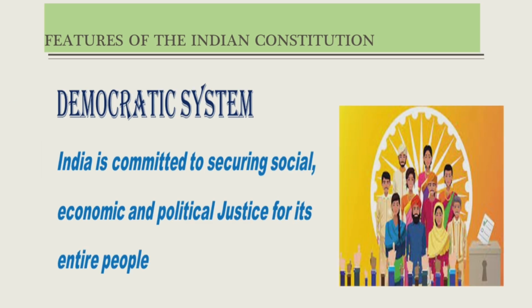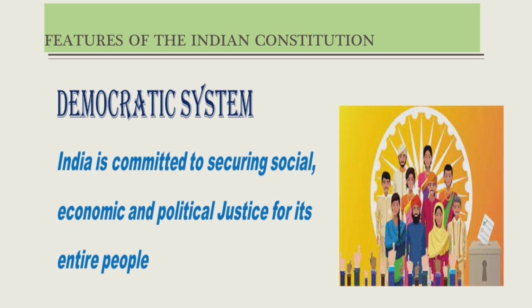India is democratic because it follows the principles of a representative democracy. It has free and fair elections where citizens have the right to vote and choose their leaders. The government is formed based on the majority support of elected representatives.